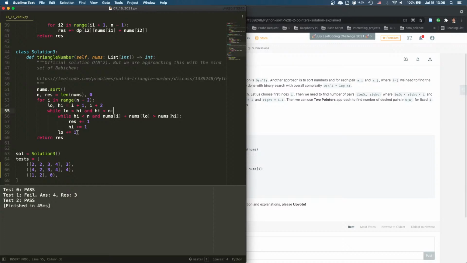Hold on. Say the sum is larger than this. So it's not challenging enough, right? So we need to move, and then move to the end. That's done. Once we're done, shouldn't we do low plus equal to 1 no matter what?